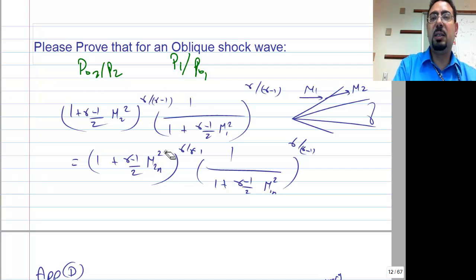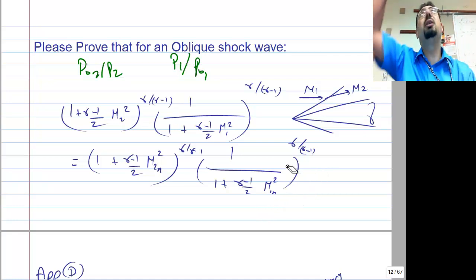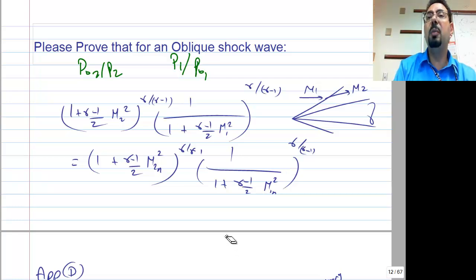And so this is the ratio for those values using M1 and M2, and that's what will happen if we end up using the normal components, M1 normal and M2 normal. And so we are saying that, yes, you can still use those two columns, the B naught 2 over B naught 1. Why? Because this should be equal to this. So if you can prove to me that this is equal to this, you get one free homework problem.